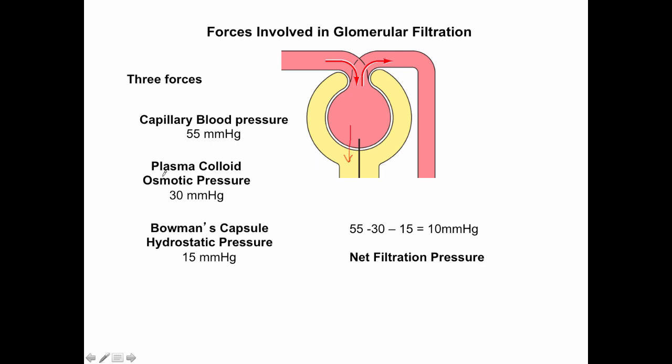Plasma colloid or plasma oncotic pressure is a pulling pressure. It's coming from the plasma proteins, especially albumin, that can't cross the glomerular membrane. So that pressure is a pulling pressure coming from the capillaries.